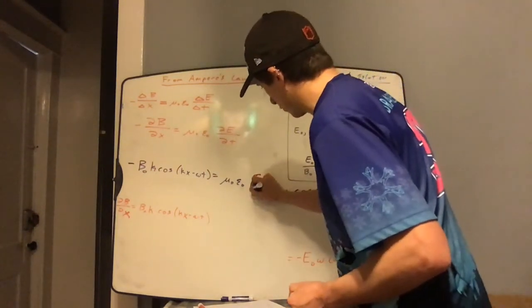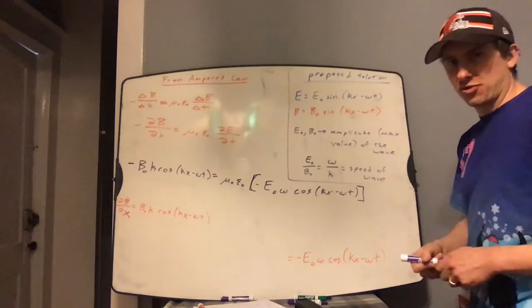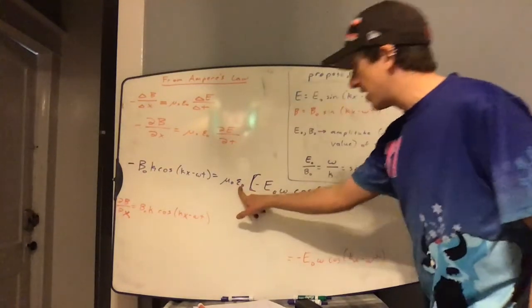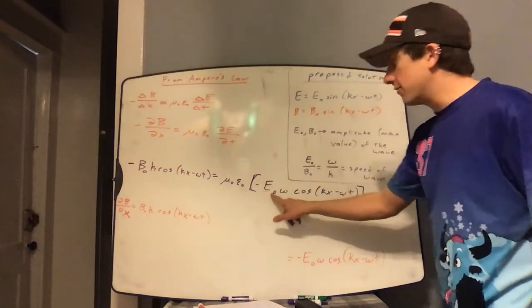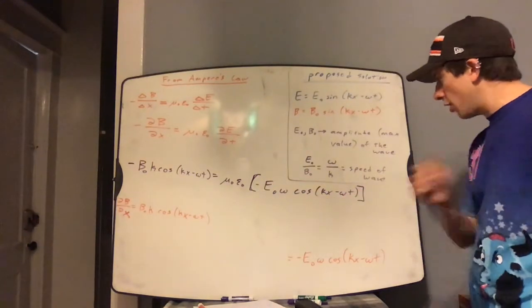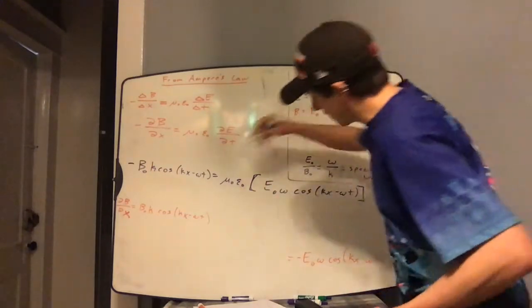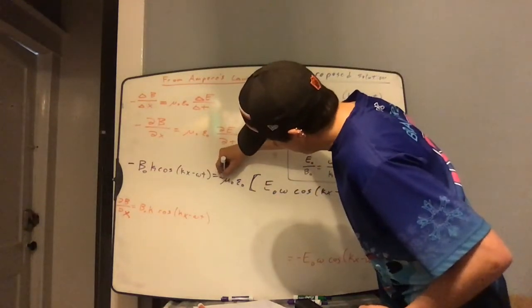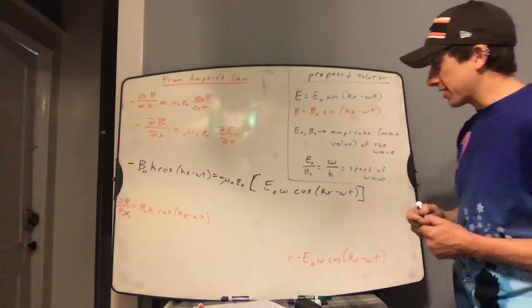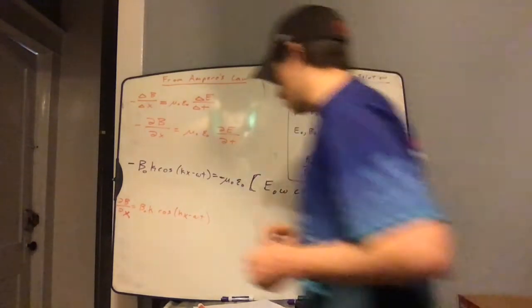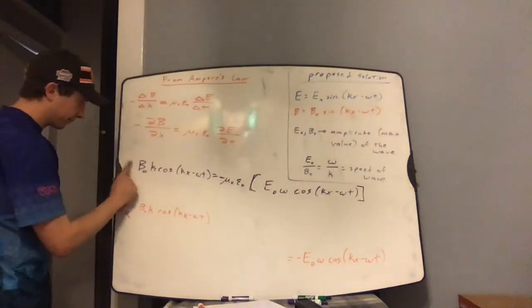Okay, so at this point, I am going to perform some arithmetic on this. I have mu naught epsilon naught times negative E naught omega cosine of stuff. So this negative I could just put out front. And now very explicitly, I have negatives on both sides, so I could cancel the negative terms.